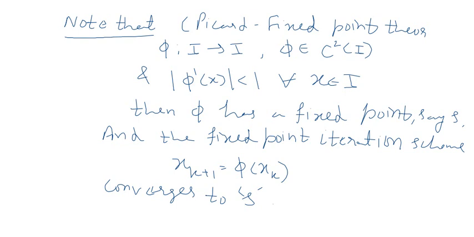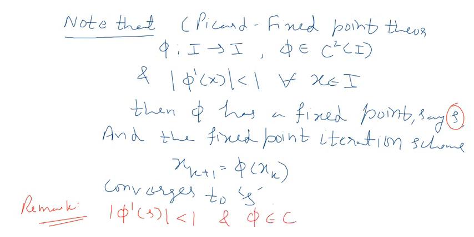This theorem suggests that if the root is S, you are looking for the scheme. As a remark, you are looking for an interval I, or a function phi such that mod of phi dash of S is less than 1, and phi certainly belongs to C1.